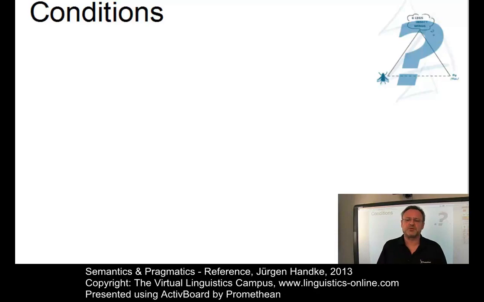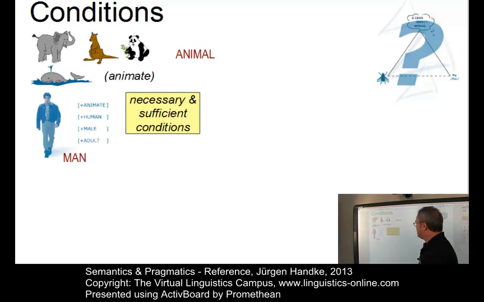The classical approach defines a conceptual category such as ANIMAL or MAN in terms of a set of necessary and sufficient conditions for an entity in the world to be a member of that category. By the way, by convention, concepts are normally written in capital letters.